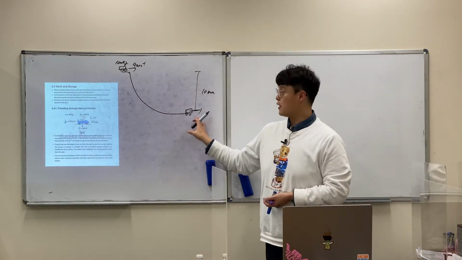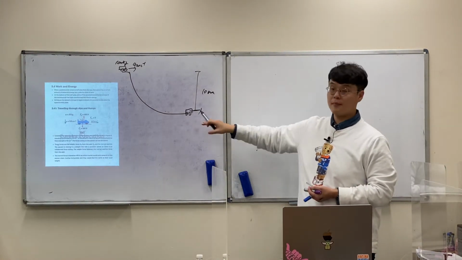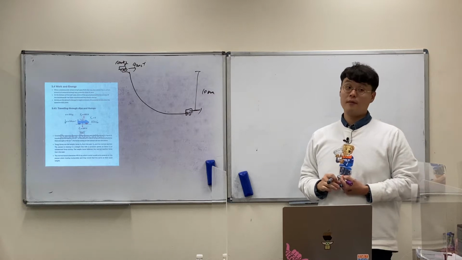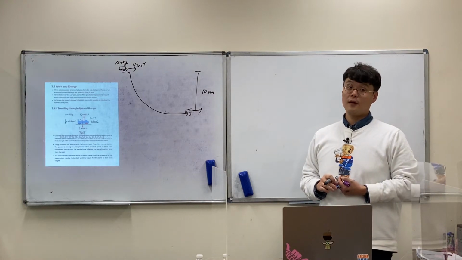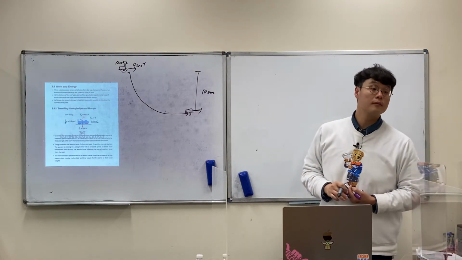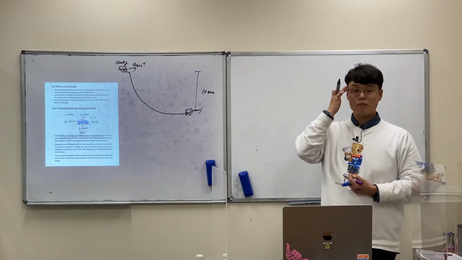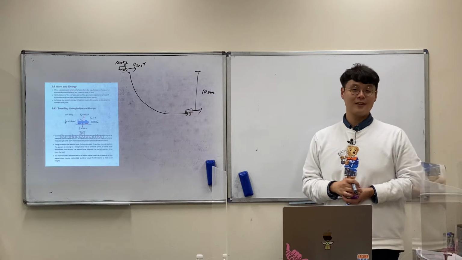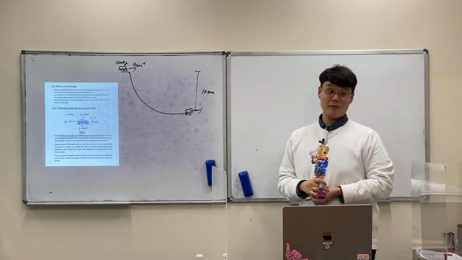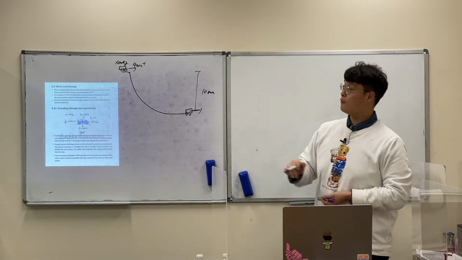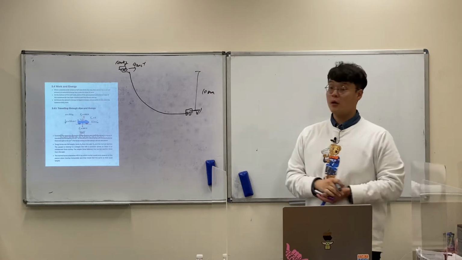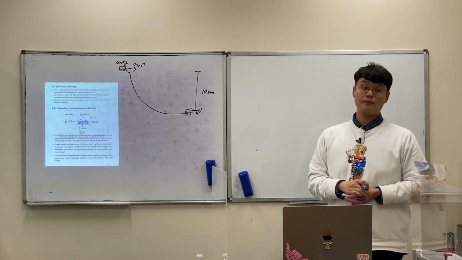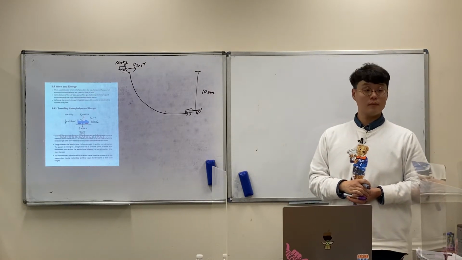How do you find the final velocity of the trolley at the bottom? Give it a 10 meter height. Not too sure. How do you find the final velocity of the trolley going downhill?